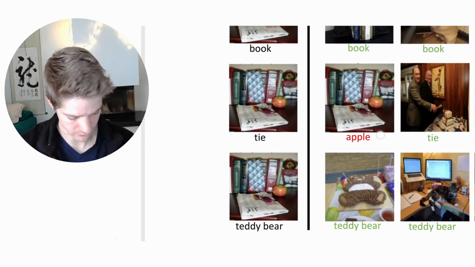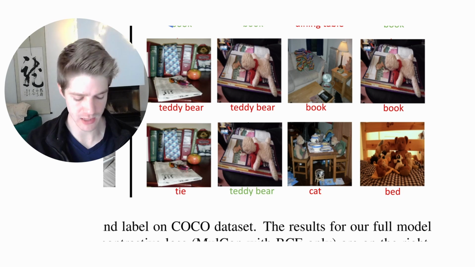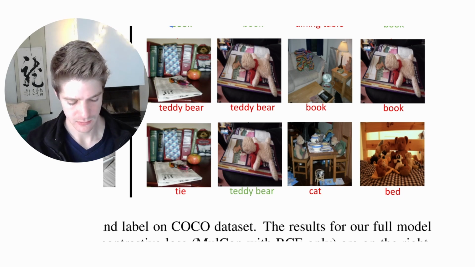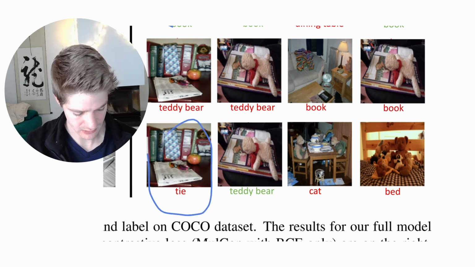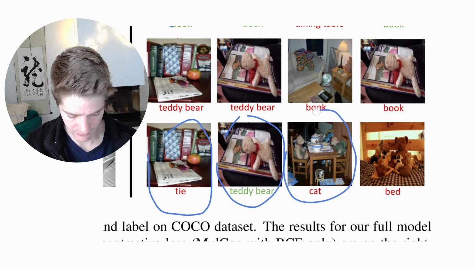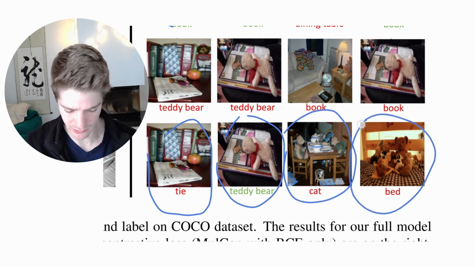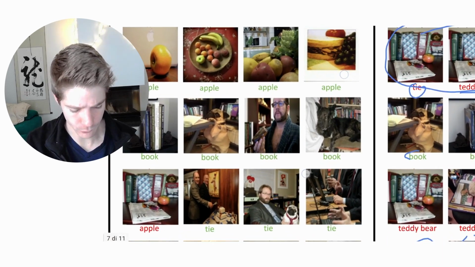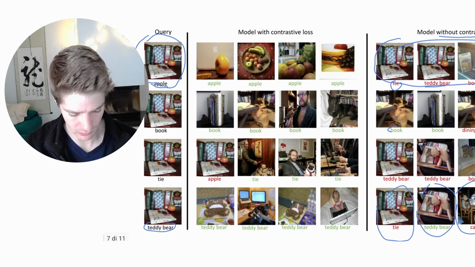And also here, for example, we ask for teddy bear, and the algorithm finds that the closest embeddings come from this image with this class, tie, teddy bear, yes, that's correct. Then we have a cat that doesn't relate to teddy bears, and neither does this output. But if we add the contrastive loss, you can see that almost everything, except this one, makes sense.